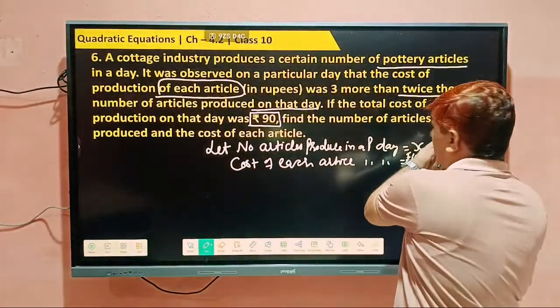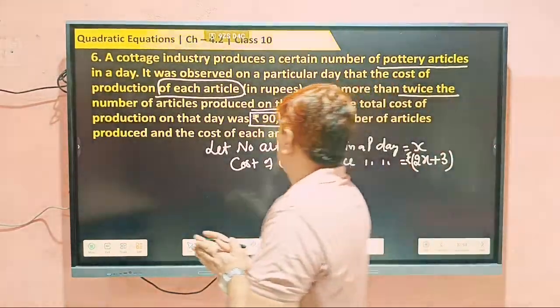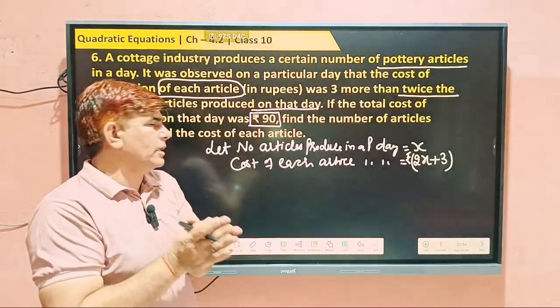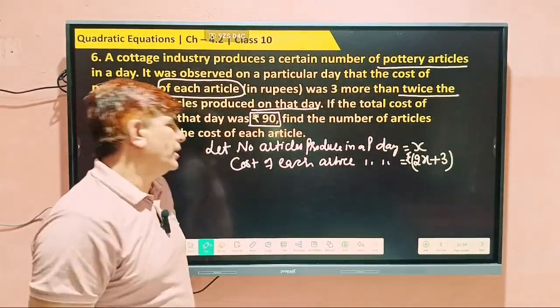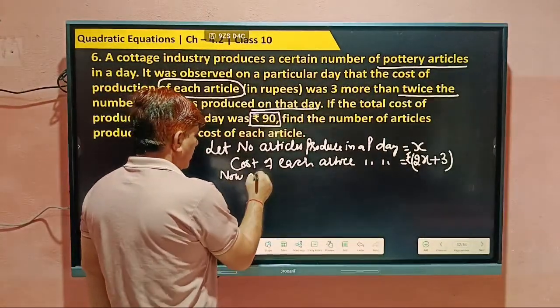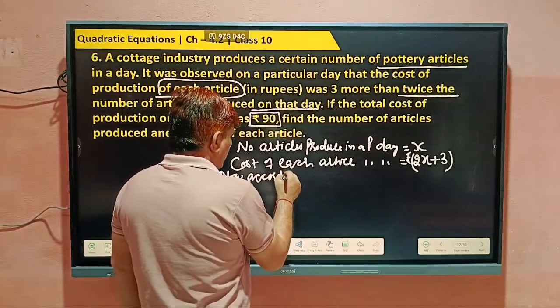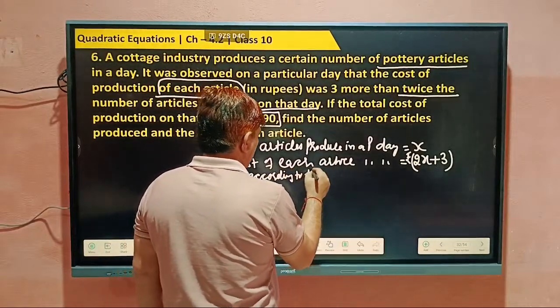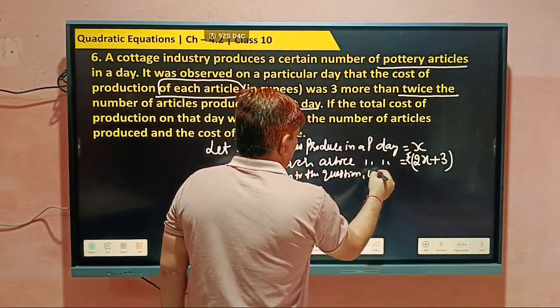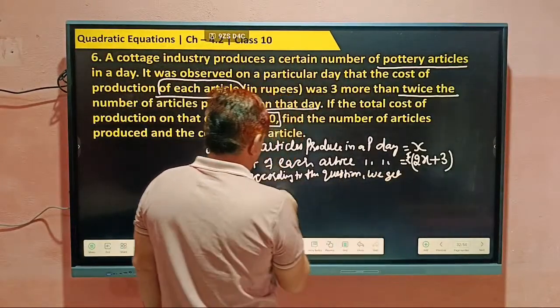And if we multiply these two, what becomes? This becomes the total cost of articles produced on that day. So according to the question, what is the question saying?